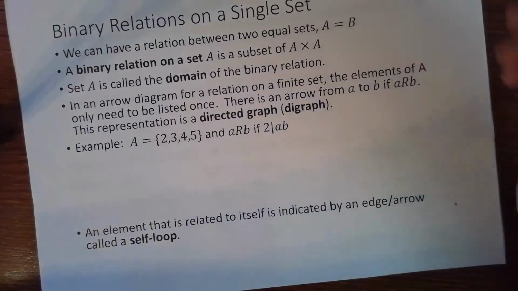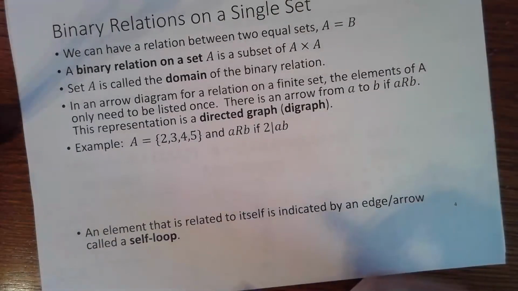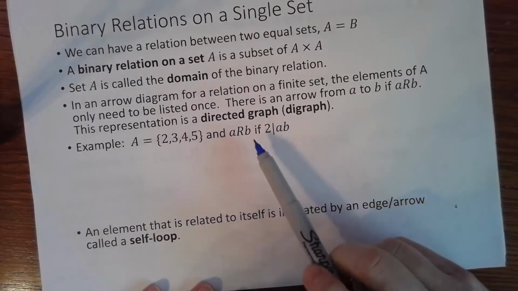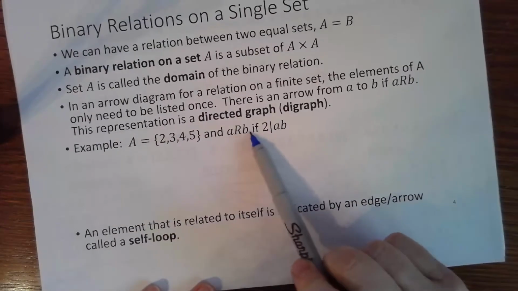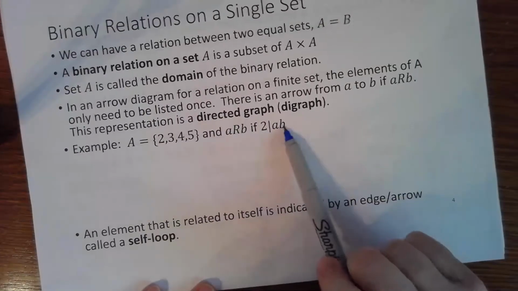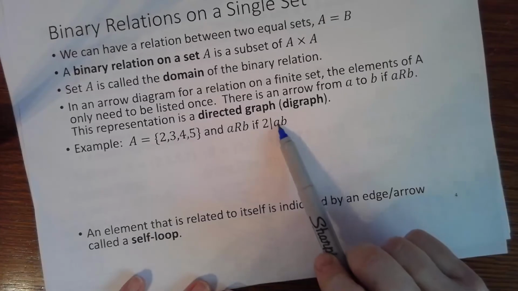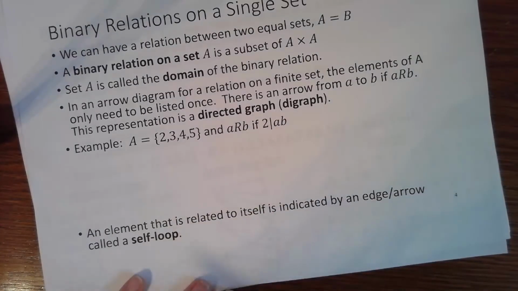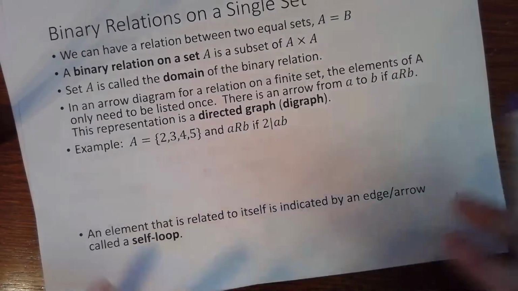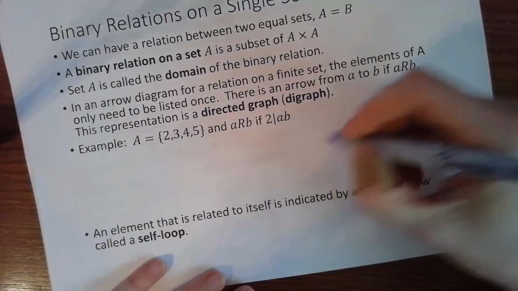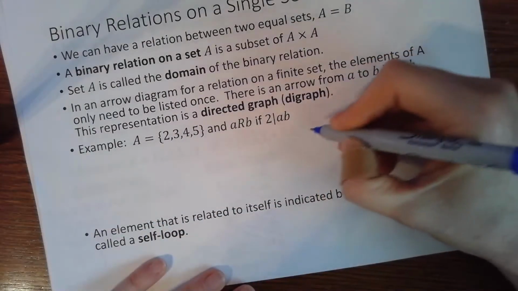Okay, so let's look at an example of this. So we've got a set A, 2, 3, 4, and 5, and a is related to b if 2 divides the product of a and b. So basically if a and b have an even product, right? So 2 divides only even numbers. So rather than listing every number twice, we'll just list 2, 3, 4, and 5.